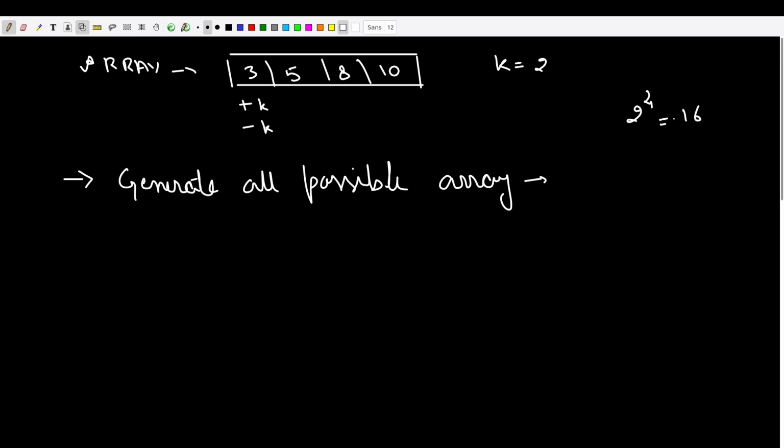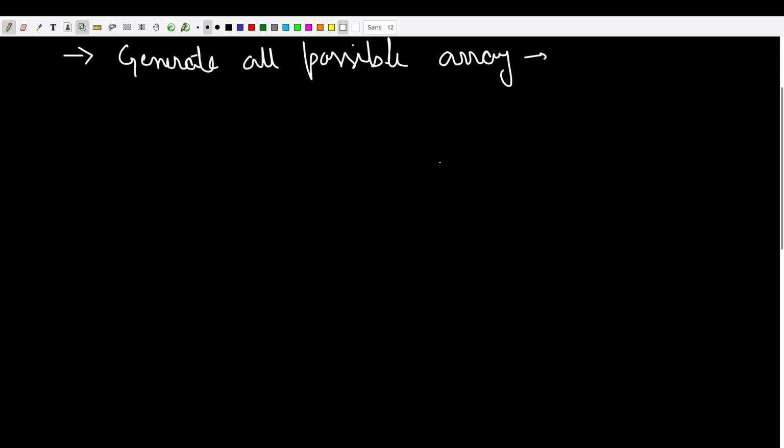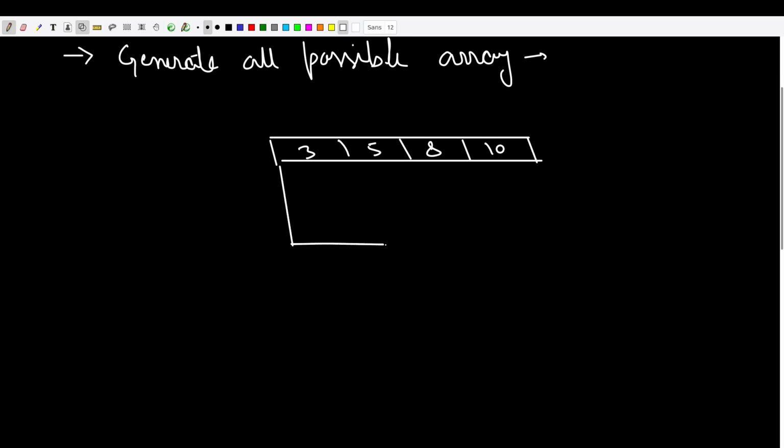So if 3, 5, 8, 10 is the array, I'm not going to write down all the 16 combinations, but just to make the point clear, we can subtract 2 from all the elements.